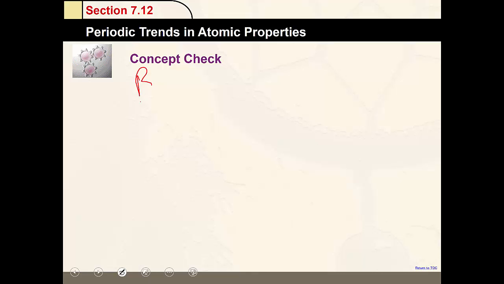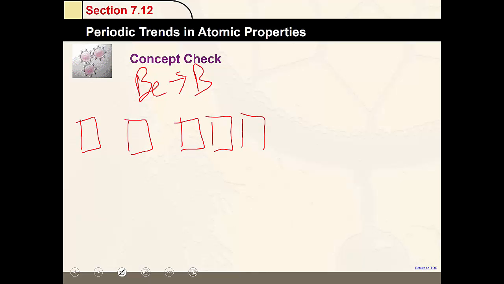So as we go from beryllium to boron, we draw out the electron orbital diagram for boron. It has 5 electrons, so it has 2 in the 1s, 2 in the 2s, and 1 electron in the 2p sublevel. So if we're trying to remove an electron from boron, we would be removing this one from the 2p sublevel.